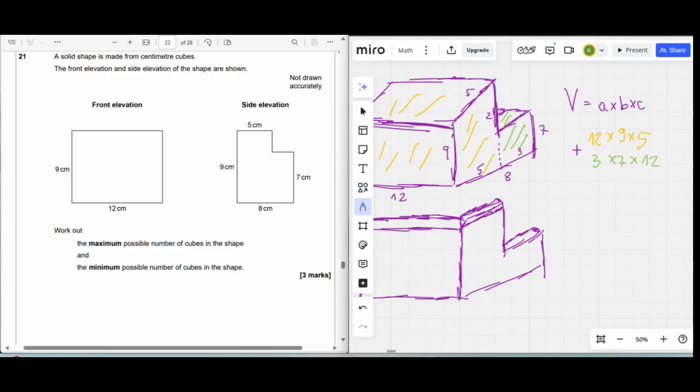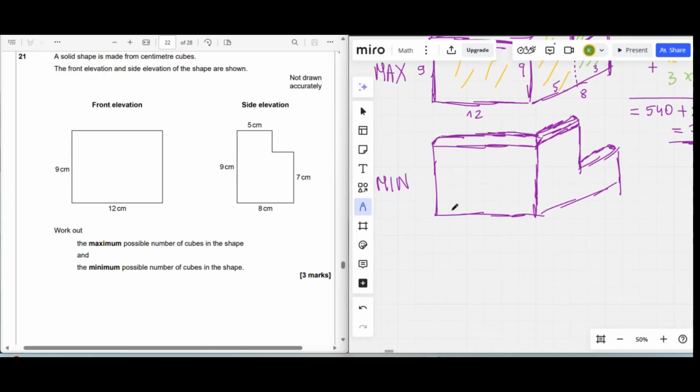Together that is 12 times 9 times 5, 540, plus 3 times 7 times 12, 252, which is 792. And that's the maximum number of cubes within the shape.